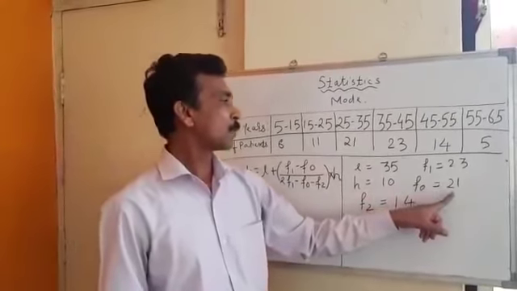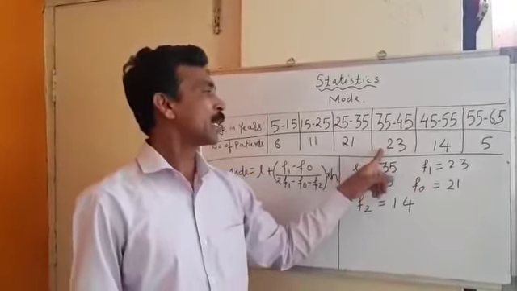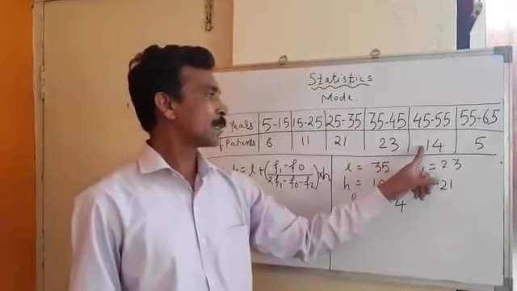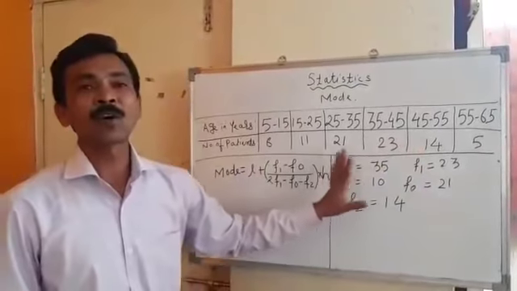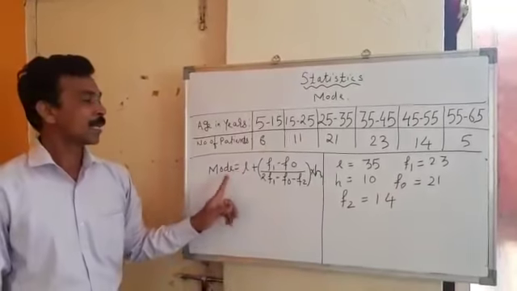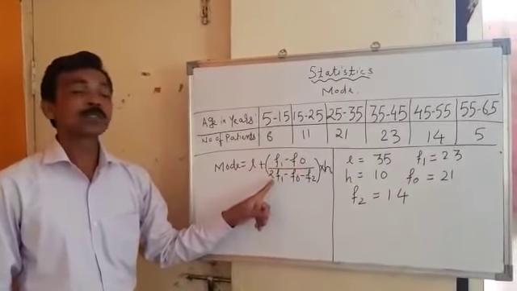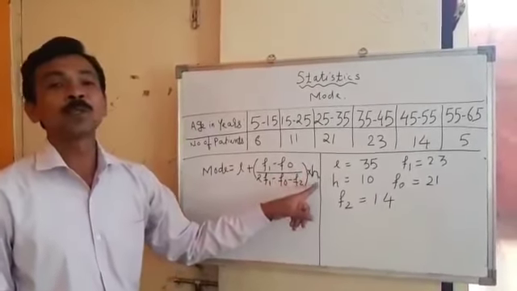F0 is 21, which is preceding the maximum frequency, and F2 is succeeding the maximum frequency. So now after writing all these details, we'll write the formula. The formula for mode is L plus (F1 minus F0) upon (2F1 minus F0 minus F2) into H.